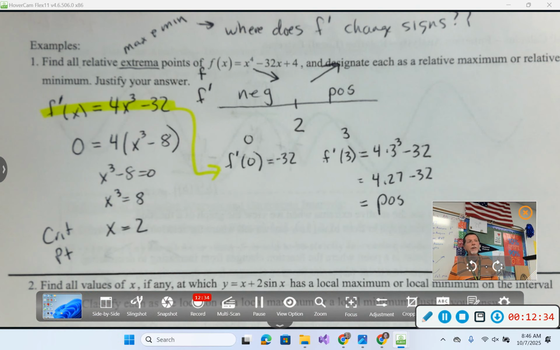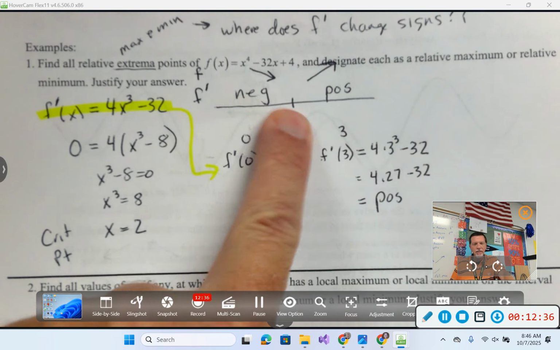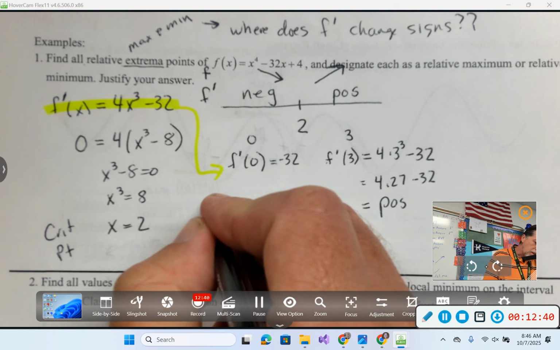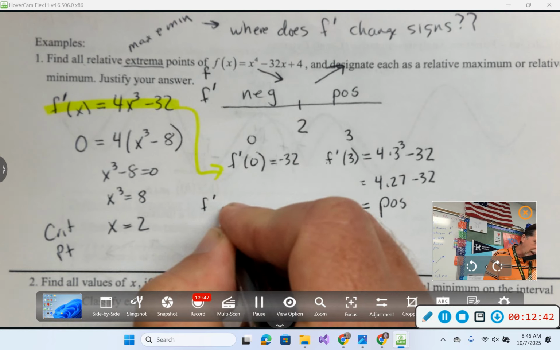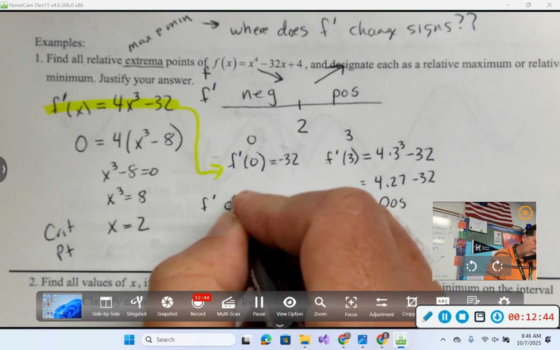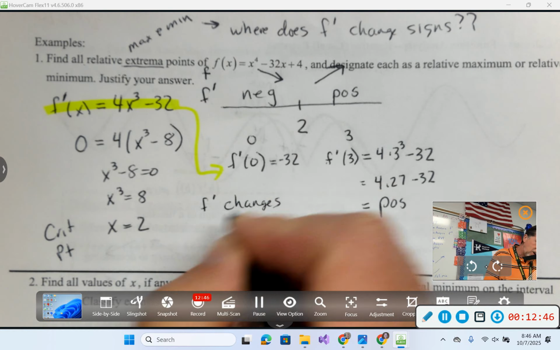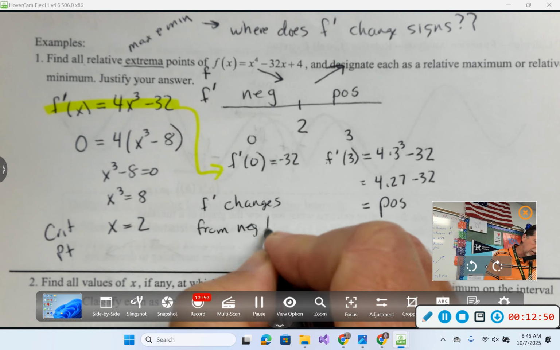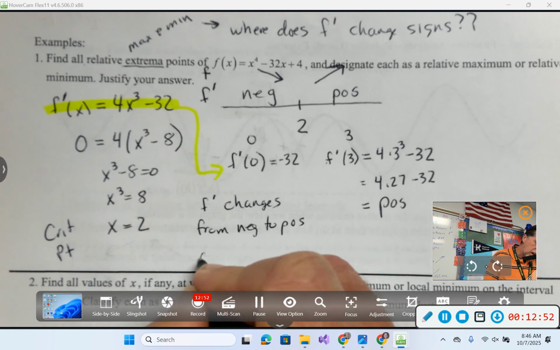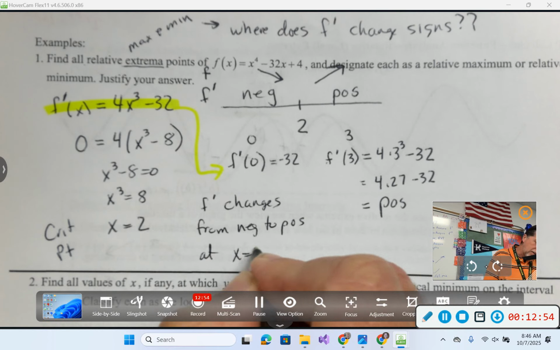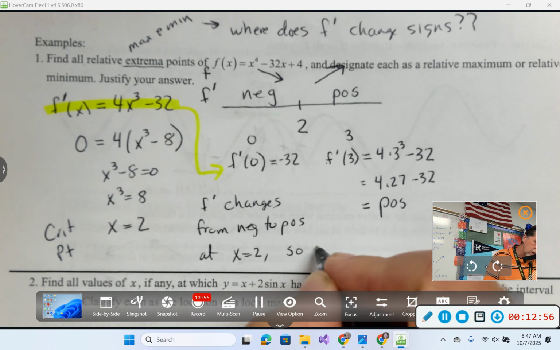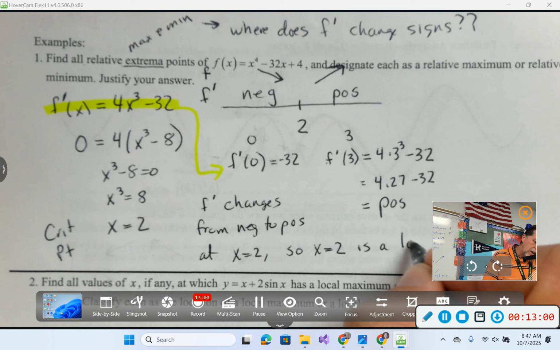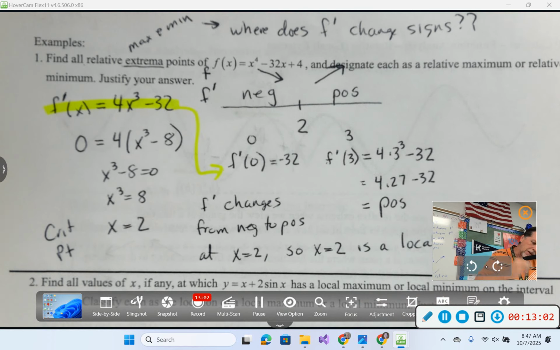And so if you weren't already convinced it's a minimum, hopefully the arrows make it clear, oh, yep, that's a minimum. And so we need to say, this is the justify part, f prime changes from negative to positive at x equals 2. So x equals 2 is a local minimum.